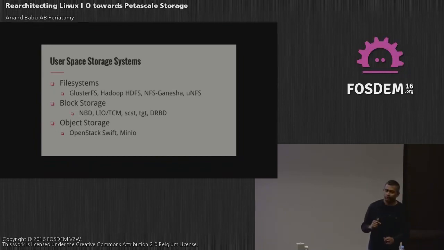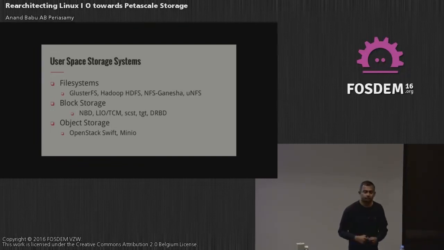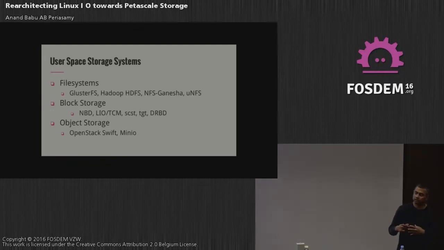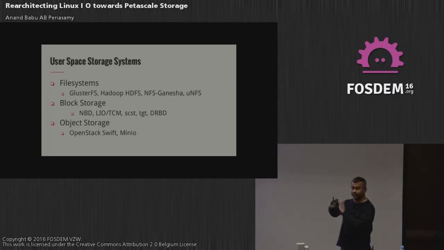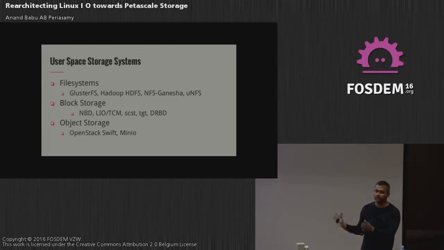Now, LIO is actually the odd one out of these because LIO is inside the kernel. But what they recently did was expose the interface. While it appears as an in-kernel iSCSI device, they exposed the back-end part where the actual storage functionality is performed, both to the kernel as well as the user space.